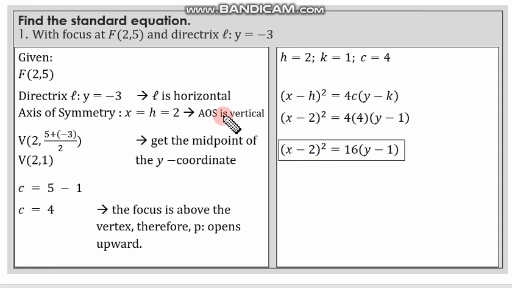Okay, find the standard equation of a parabola with focus at point F (2, 5) and directrix line y equal to negative 3. So if we're going to draw that, this is our coordinate plane.